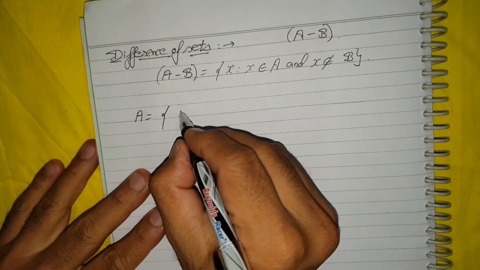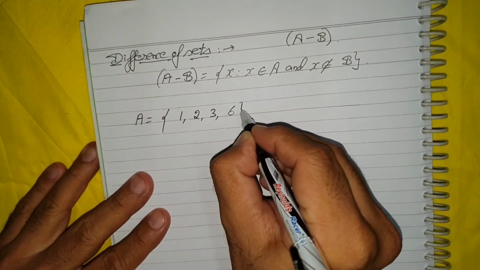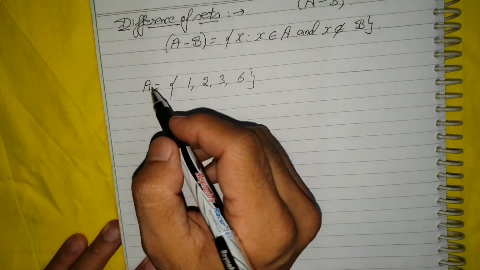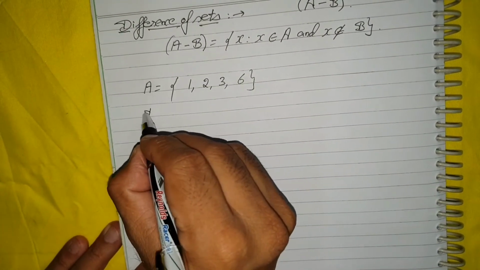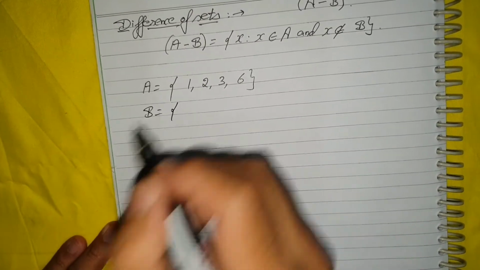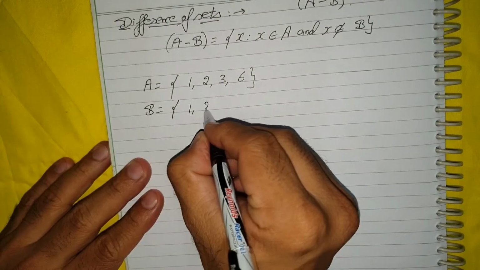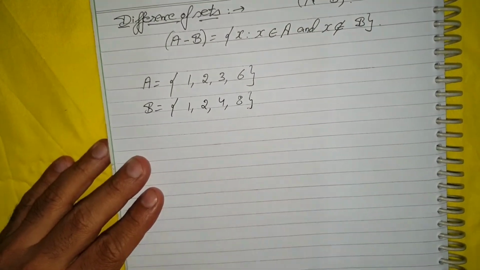So what will be A? A will be 1, 2, 3, 6. You can take B as the factors of 8. So take this as 1, 2, 4, 8.